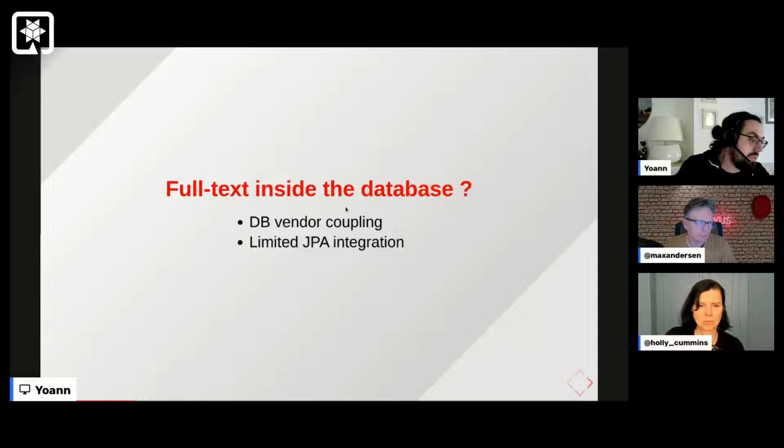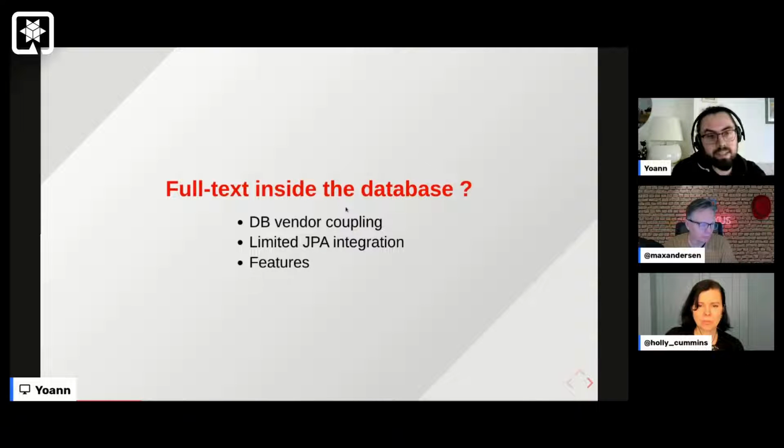JPA integrates with the SQL standard, and the SQL standard is not much. And actually, the current version of the JPA spec doesn't even cover what's in the SQL standard, which is, I think, the contains SQL function. Fortunately, Hibernate ORM does cover that, but still, that's not much.